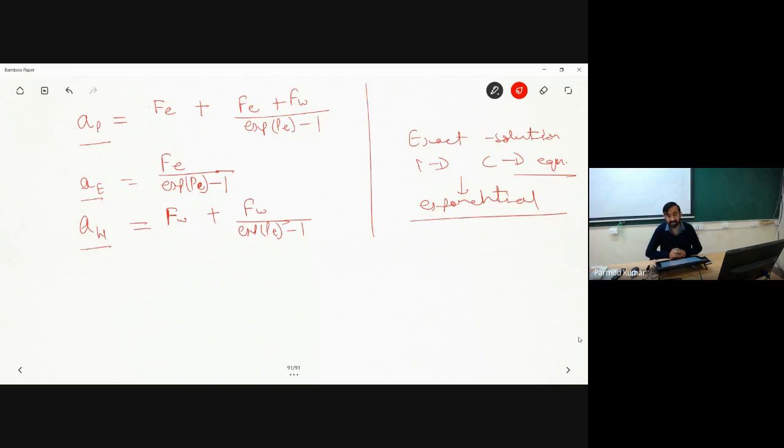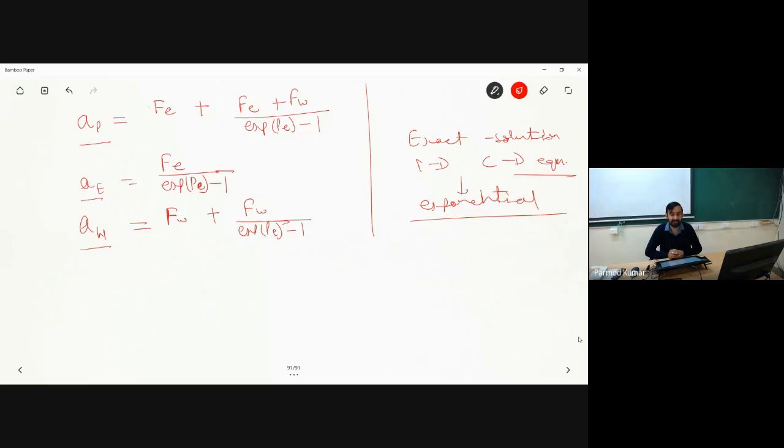However, this exponential scheme is computationally challenging to solve. Why? Because calculating the exponential in a computer is not computationally economic. The other disadvantage is that this exponential nature is only valid for the one-dimensional convection diffusion equation.